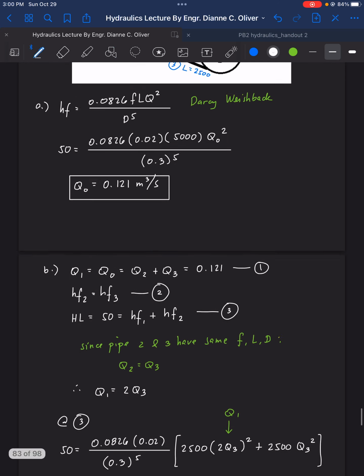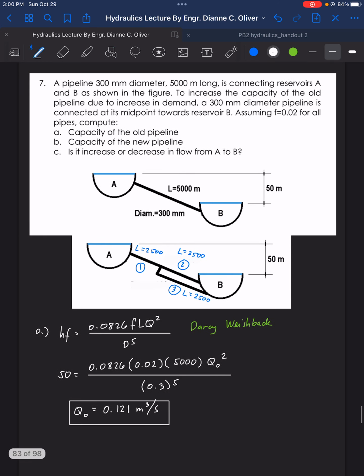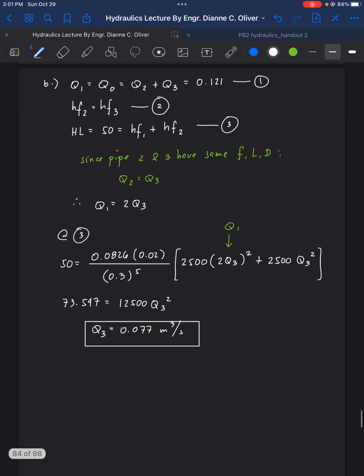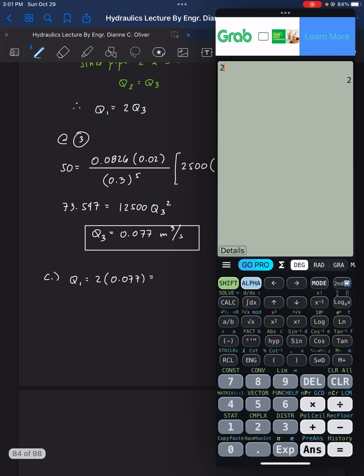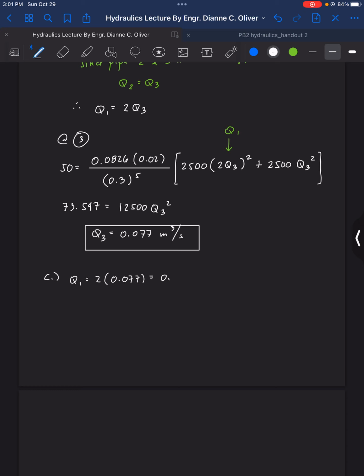Now for letter C, is it an increase or decrease in flow from A to B? So let's see. Q1 is equal to twice of Q3, that is twice of 0.077, which is 0.154 cubic meter per second.